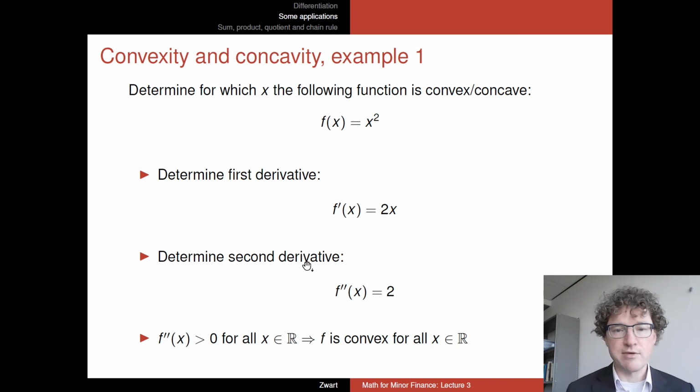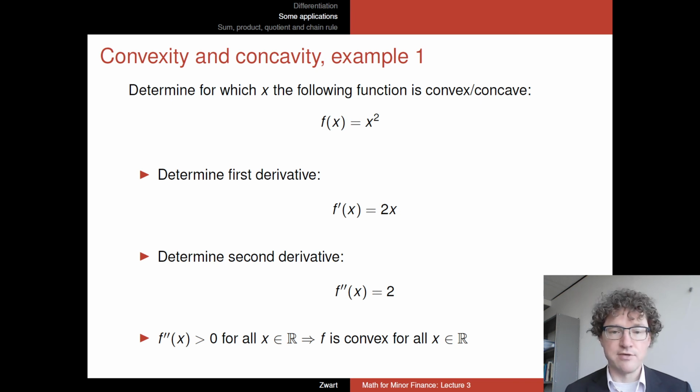So the second derivative, f double prime, equals 2. It's actually a constant in this particular case, and it is also a positive number. So for any x in R, any real number x, the second derivative of this function is positive.